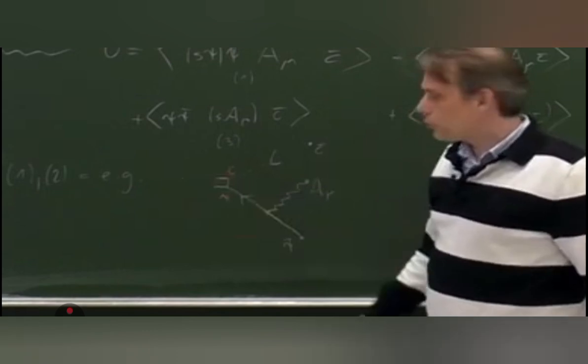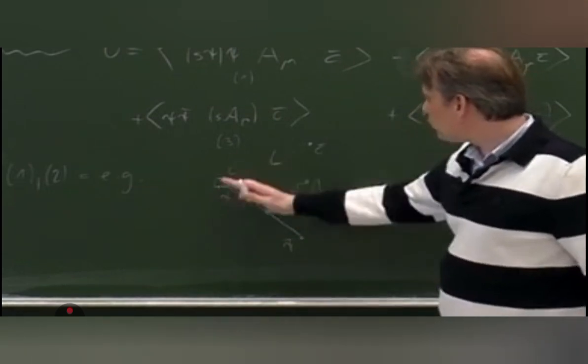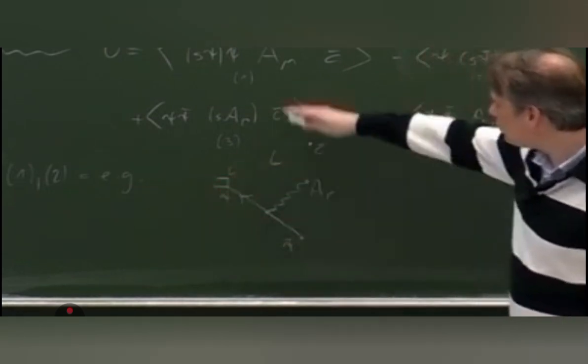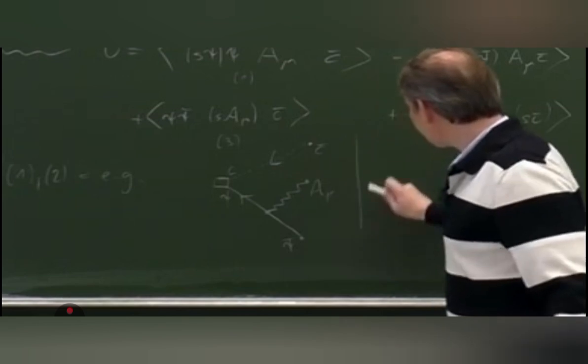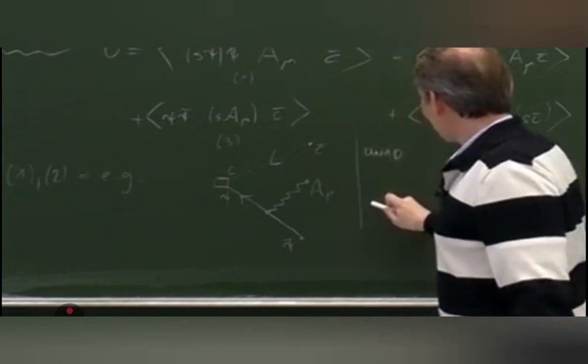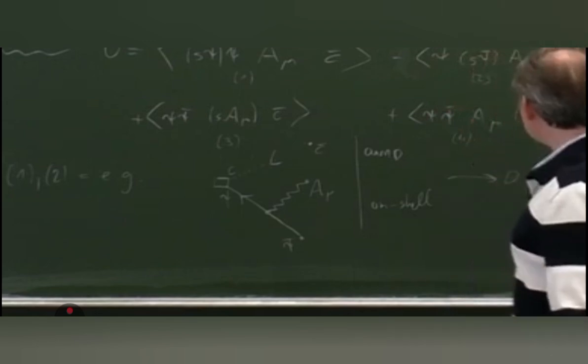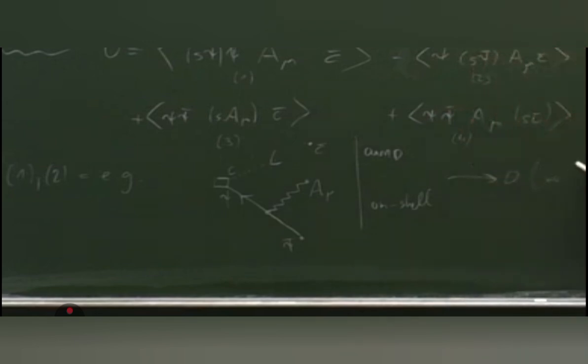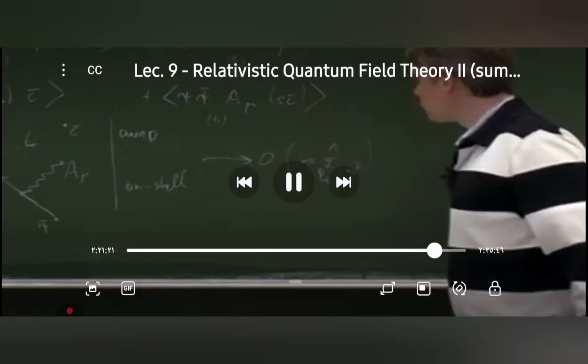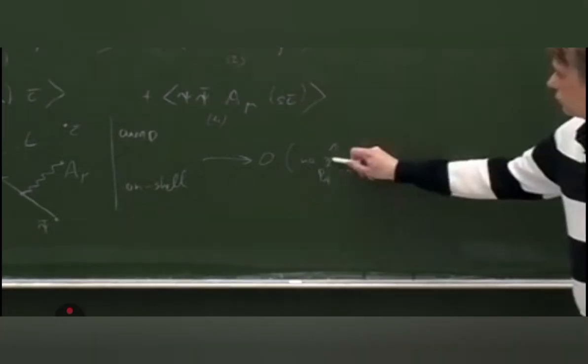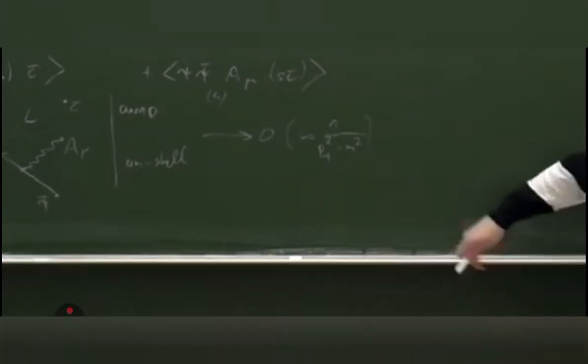And so again, the momentum is distributed over these two lines, and therefore if we amputate and go on shell, it goes to 0 because there is no 1 over p psi squared minus m squared. So the first two terms in the first line, they vanish.